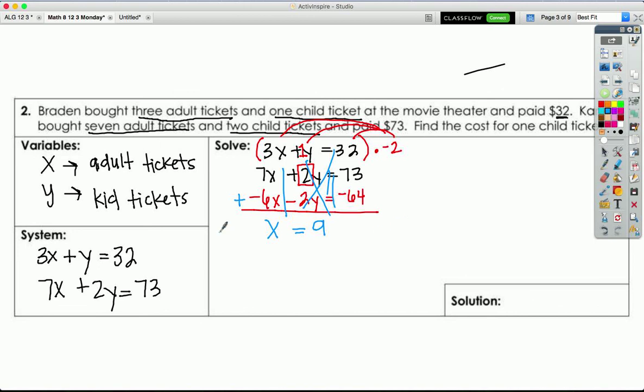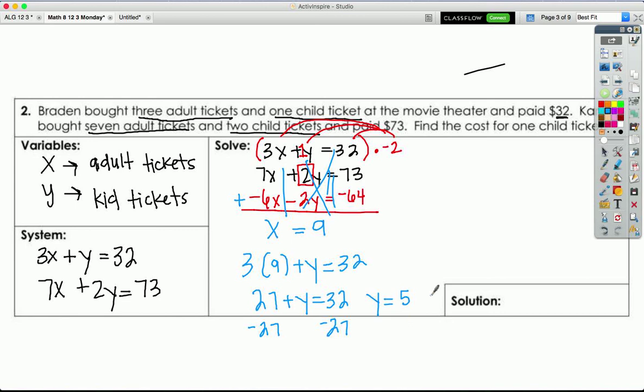So if we use the top original equation here, we'd have 3 times 9 plus Y equals 32. Tafe, what's 3 times 9? 27. And then if we minus 27 from 32, Y equals 5.